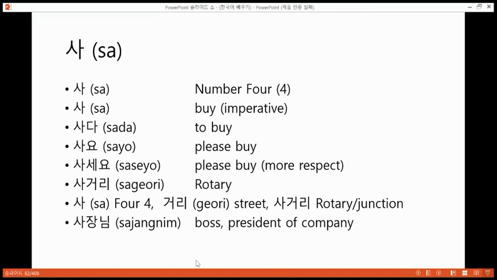Can you say 사과? 사과 is apple. How do you say please buy apple? 사과 사세요. Please buy apple. 망고 사세요. 두리안 사세요.